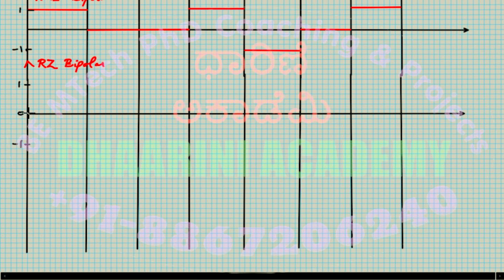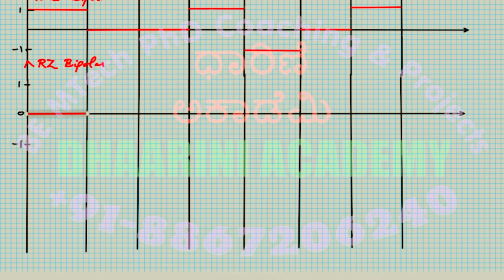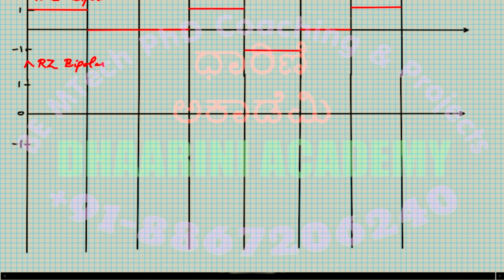So 0 will remain at a 0 level. Sorry, the first value is 1, my mistake, redraw that. I'll just write down the numbers here, otherwise I miss. So 1 0 0 1 1 0 1.